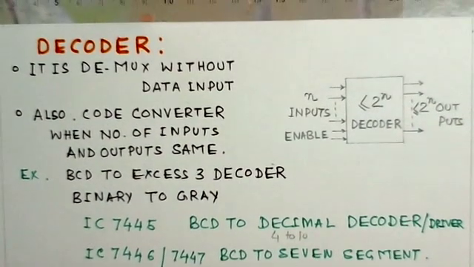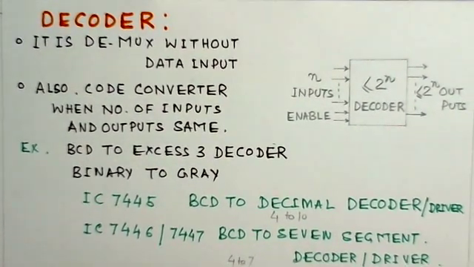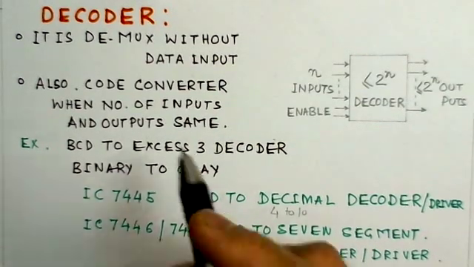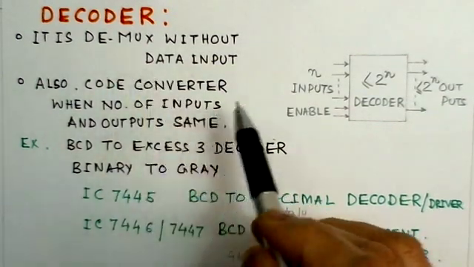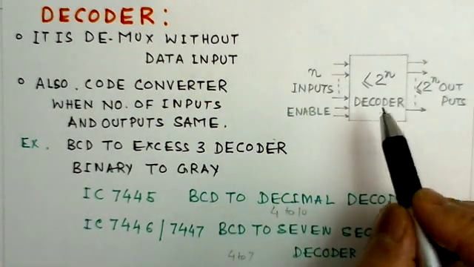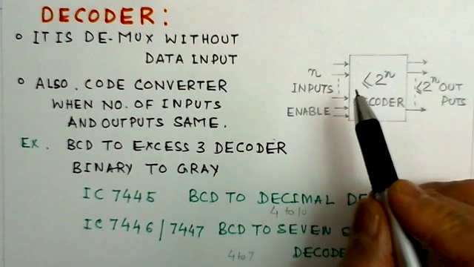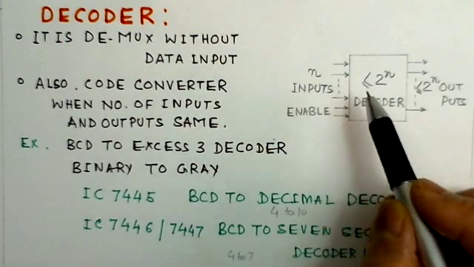Then another circuit is the decoder circuit. This decoder is said to be a demultiplexer without data input. If you don't have any data input, then it becomes like a decoder circuit.